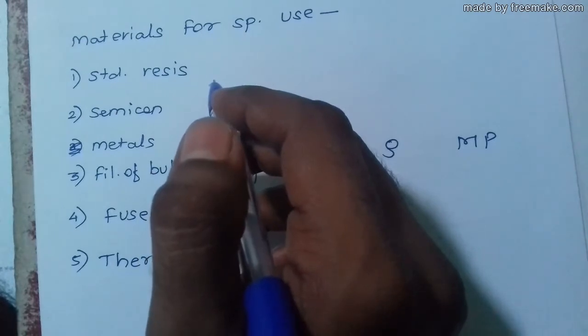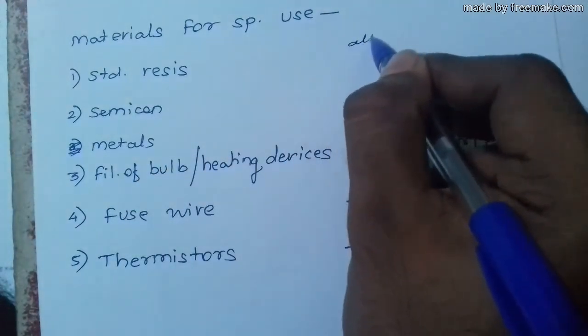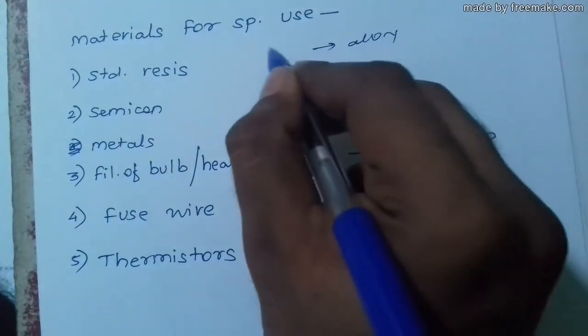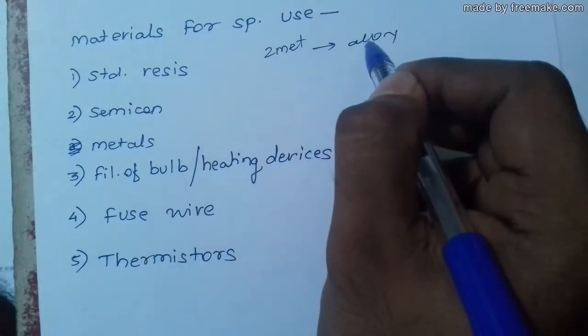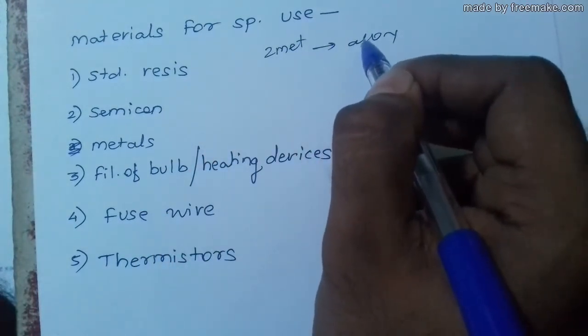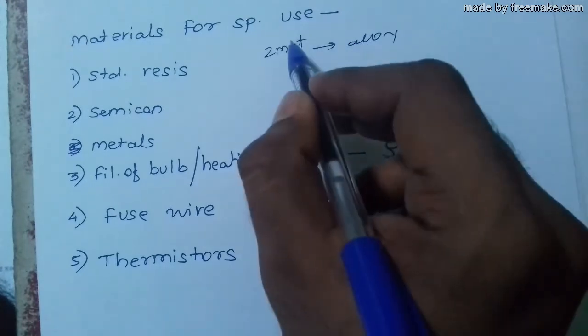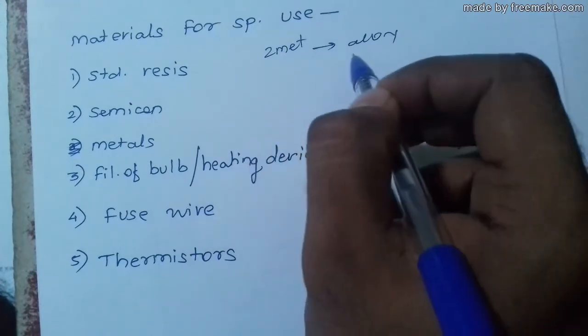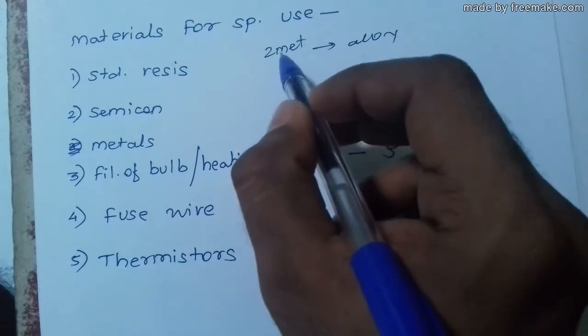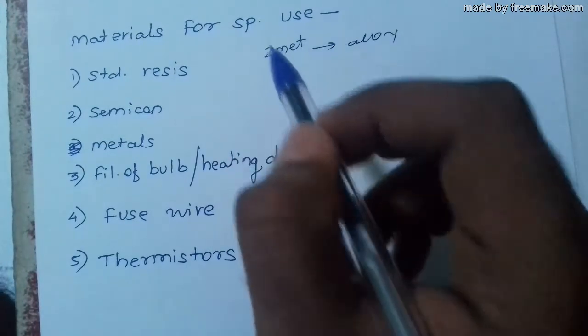And if one alloy is made from two metals, then the resistivity of the alloy is greater than the resistivity of each individual metal.